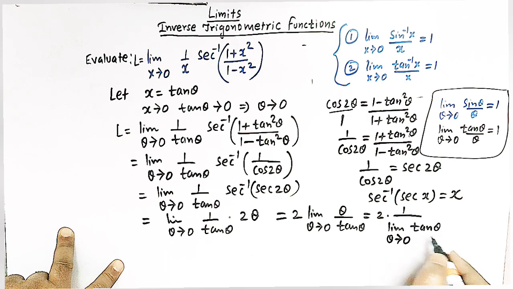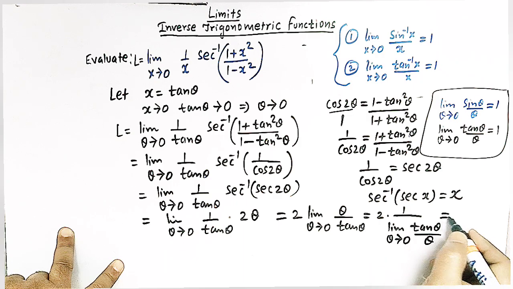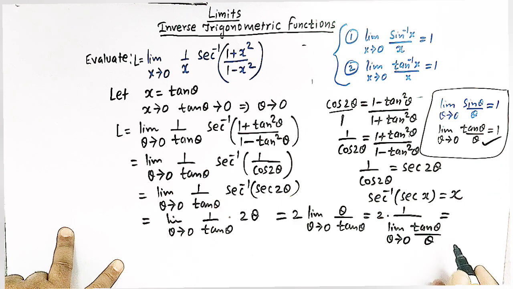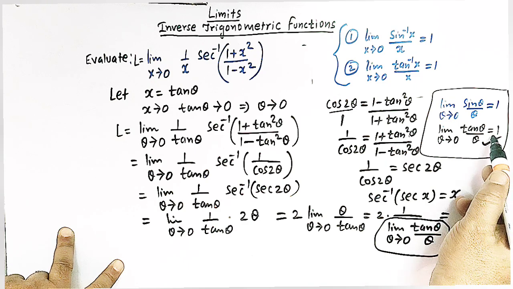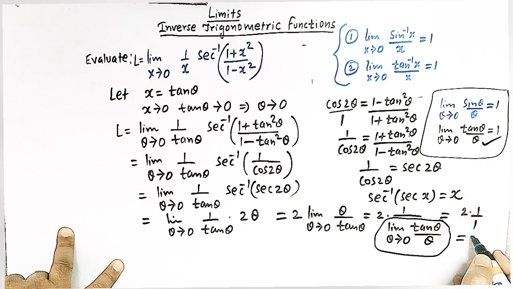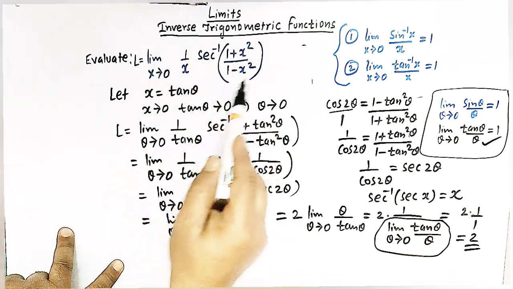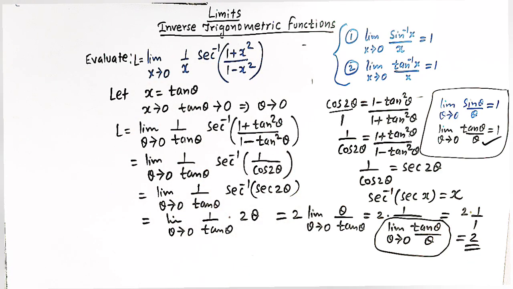So we have tan theta over theta. So now using this result, we have 2 times 1 over 1. So the value of this limit is equal to 1. So this is simply 2, right? So the value of this limit is equal to 2.